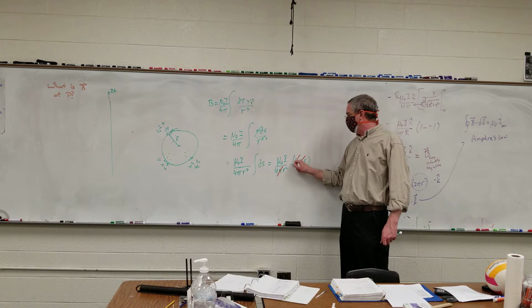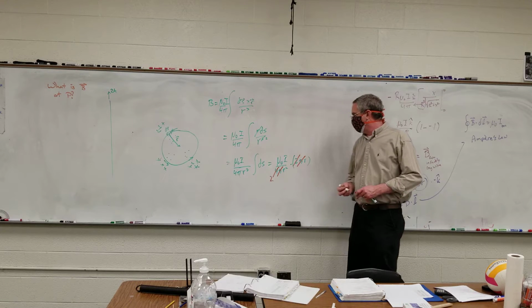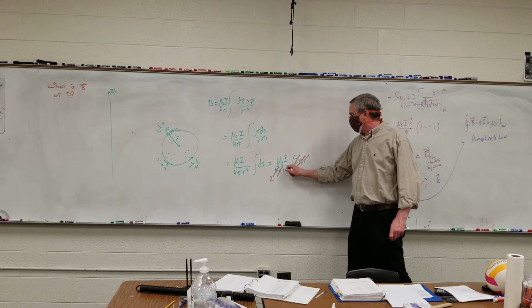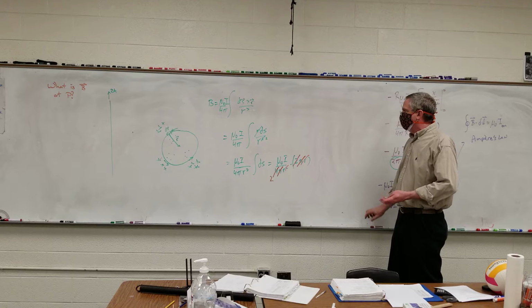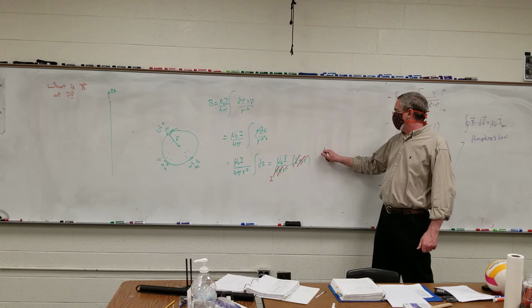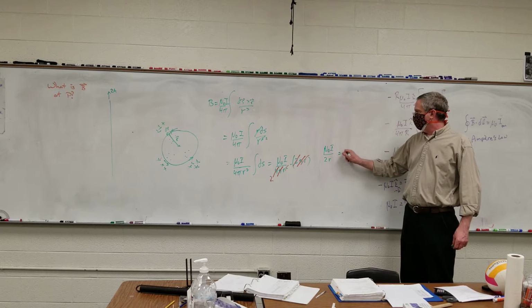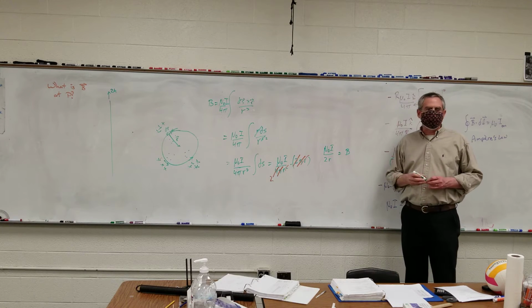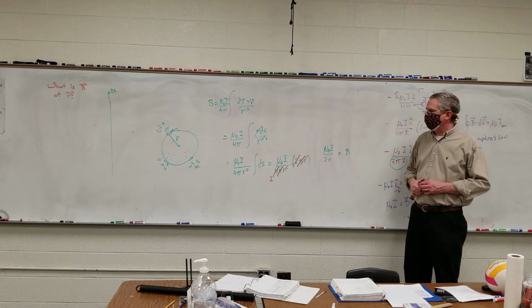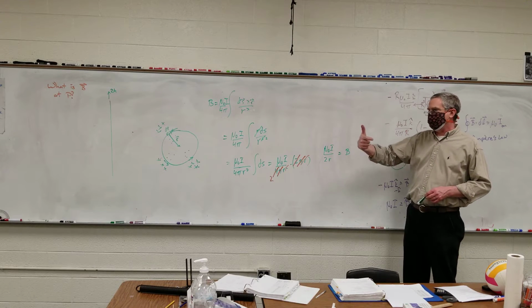Pi's cancel, 2 cancels with 1 and 2 of those, and r cancels with that. And so what I'm left with is mu naught times I over 2r. That's the magnitude of the B field. The direction you can figure out by the right-hand rule. In this particular case, it would be out of the board.